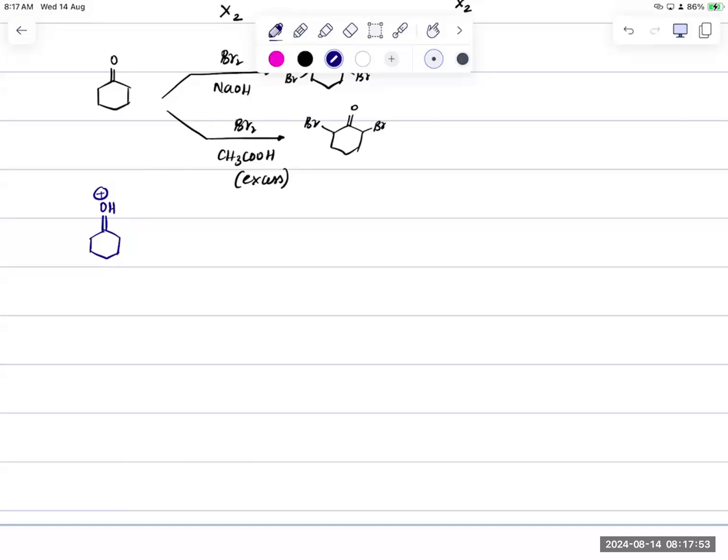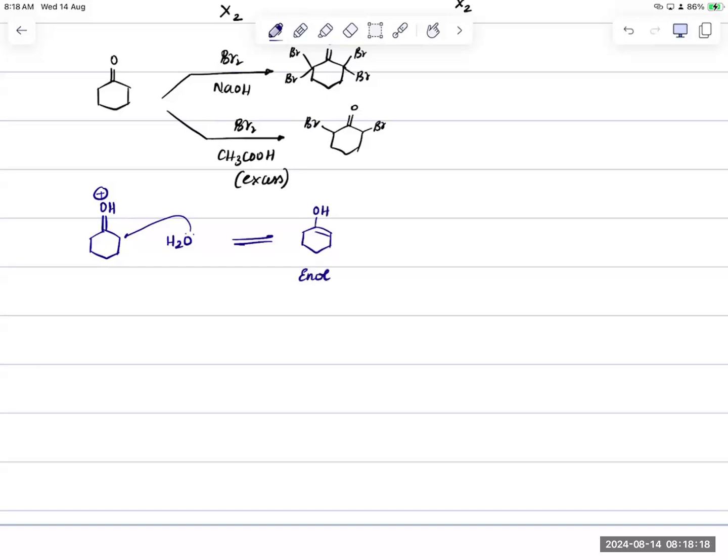Now, as it starts becoming slightly acidic, in the acid case here, if you recall, water itself will take away this H plus and try to prepare an enol form. Your first step should always be formation of enol.